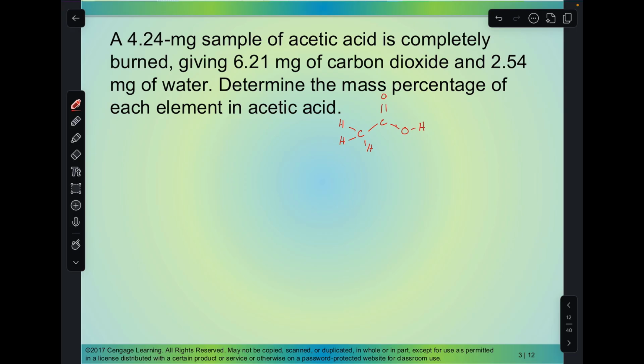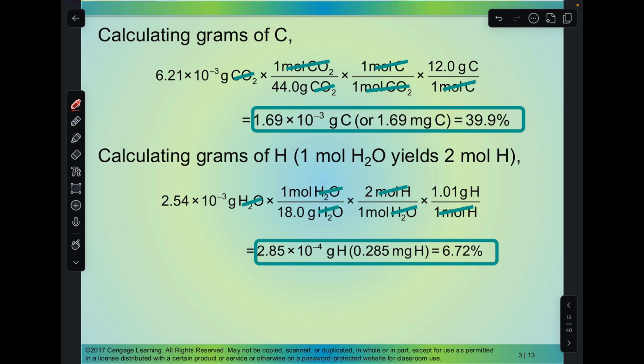It's completely burned, giving 6.21 milligrams of carbon dioxide and 2.54 milligrams of water. And we want to determine the mass percentage of each element in acetic acid. We have gone over this, but I'm not 100% sure that I will give something like this on the test because I have not given much homework for it. But let's go over exactly how to do it.